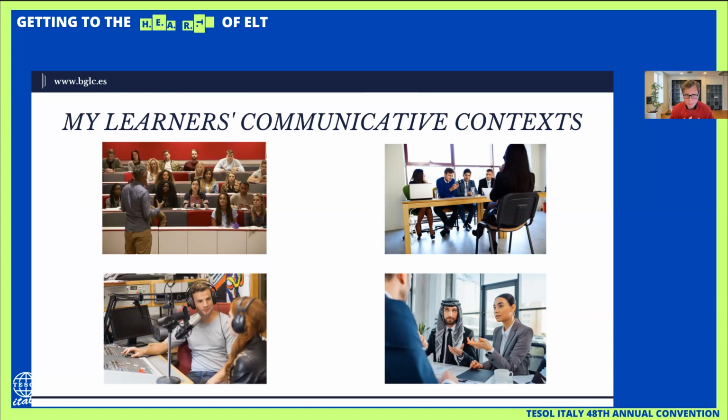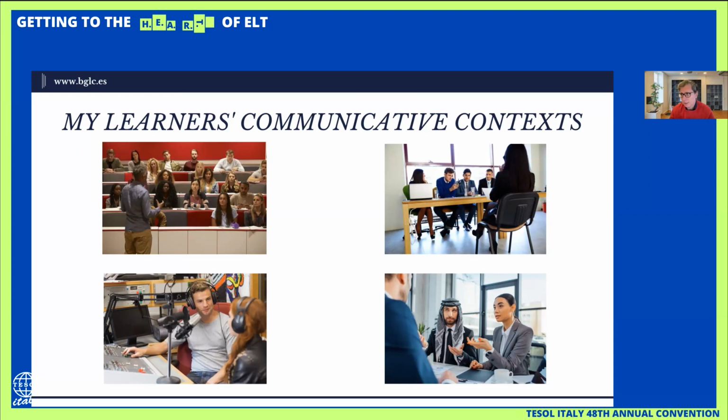But just to give you an idea of my learners' communicative context, I have university lecturers who have to teach in English. I have PhD students who have to present their research in English to international panels. I have radio and television journalists who go on the TV or on radio to talk in English, locally here in Barcelona.